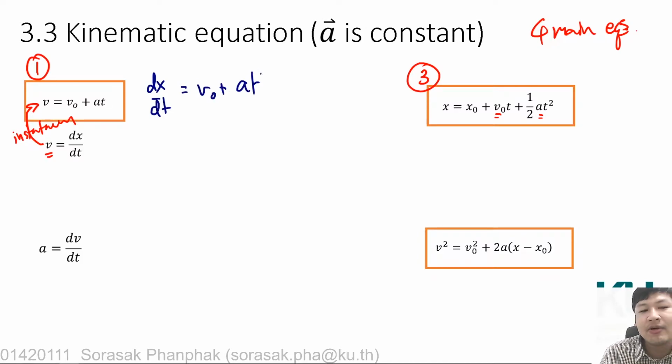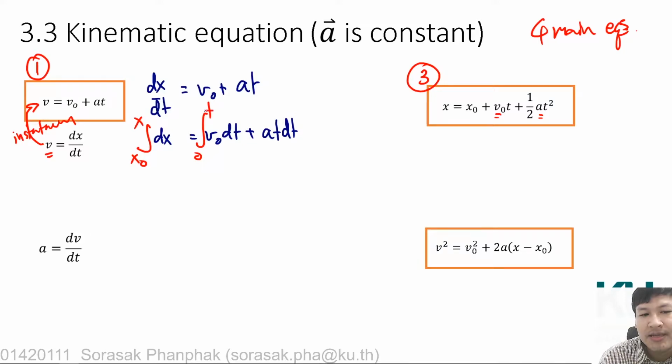Now what you're going to do is rearrange it. So you have dx equals v0 dt plus at dt, with the limits x0 to x, and t from 0 to t.